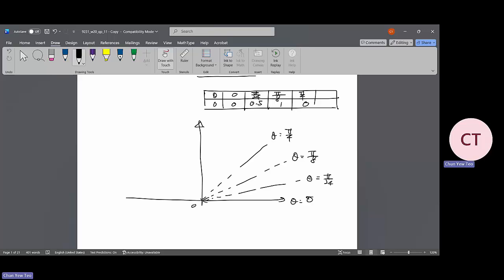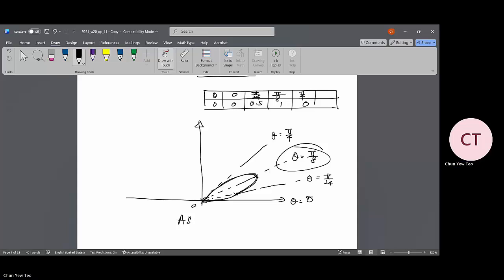Start to plot the points 0, then you get a half, you get a 1, then you get a 0. So you can see that the graph will go like this. And this is the axis of symmetry.